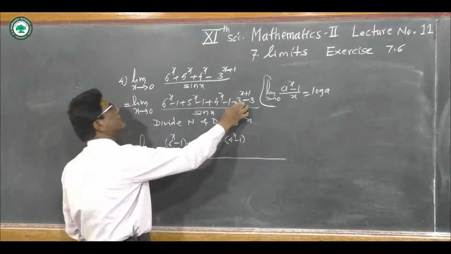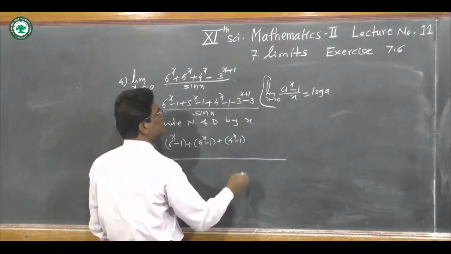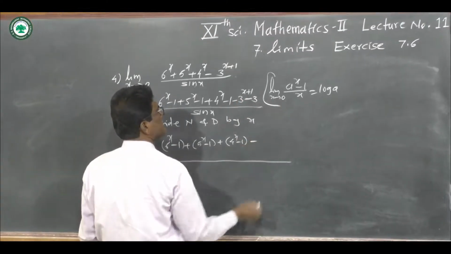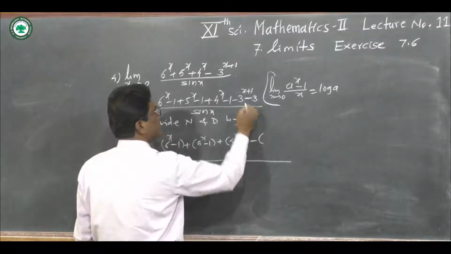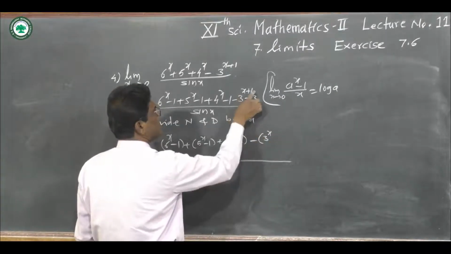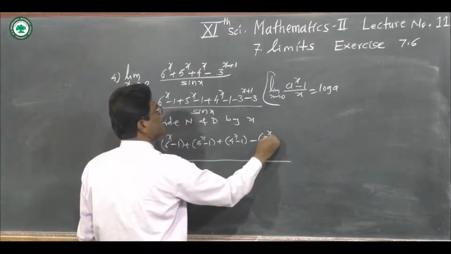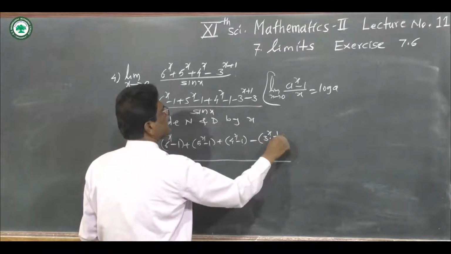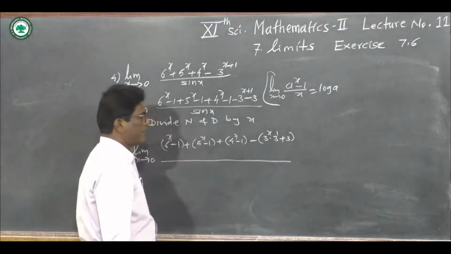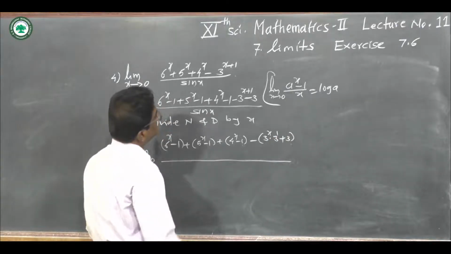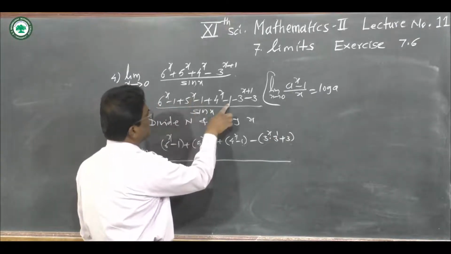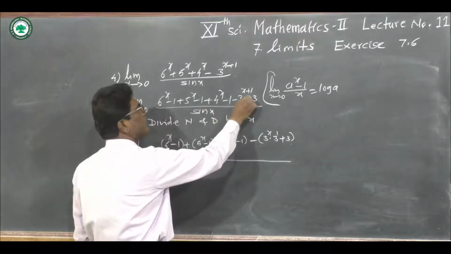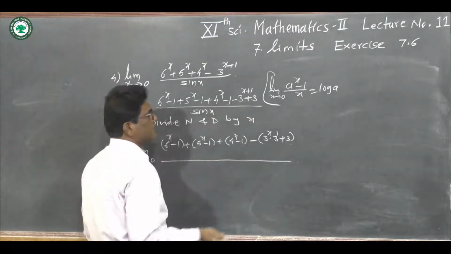Now here we take minus 3 common. In the bracket we write 3^(x+1) as 3^x into 3^1, and this plus 3. Here minus 1, minus 1, minus 1, these are minus 3, and we have to take here plus 3, so that they will cancel.